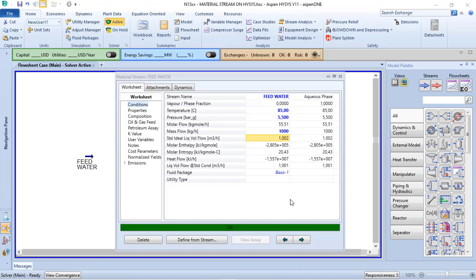If you deal with mass flow in your process simulation, or molar flow as kilomole per hour, probably you will not find any issues understanding the results of your process simulation in terms of mass flow and molar flow.